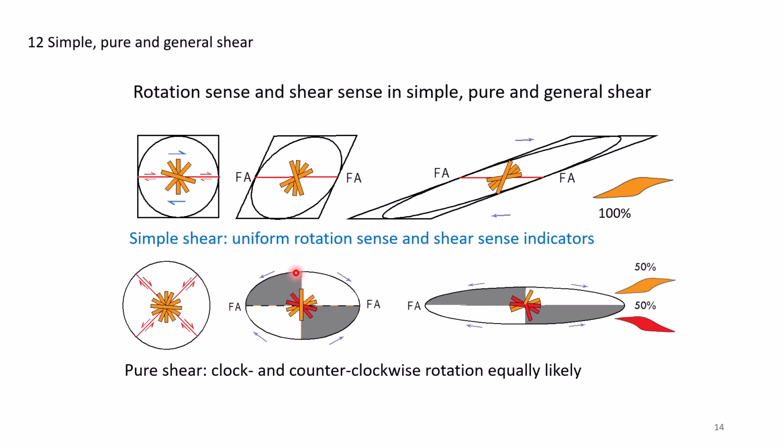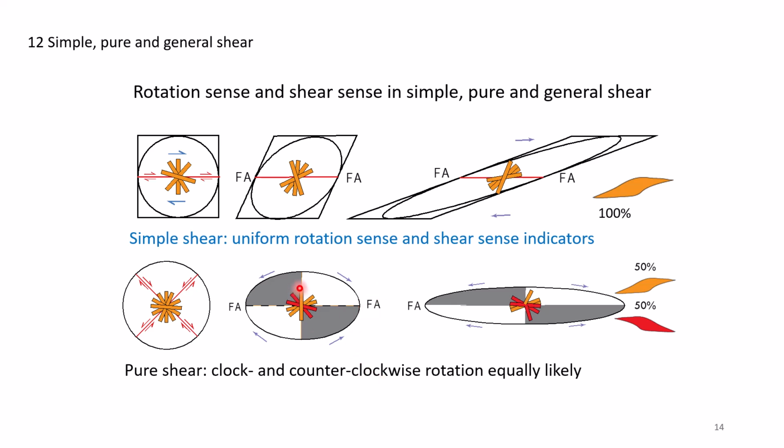We see here those with their long axis in the gray quadrants, they would rotate in an anti-clockwise rotation sense towards the fabric attractor, whereas strain markers oriented in the white quadrants would rotate in a clockwise sense towards the fabric attractor.